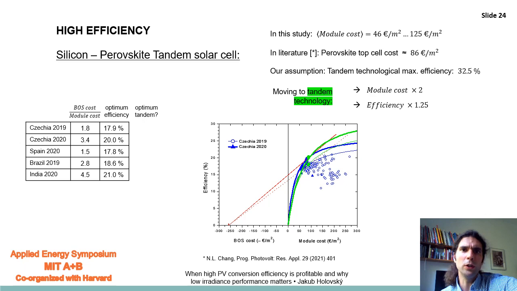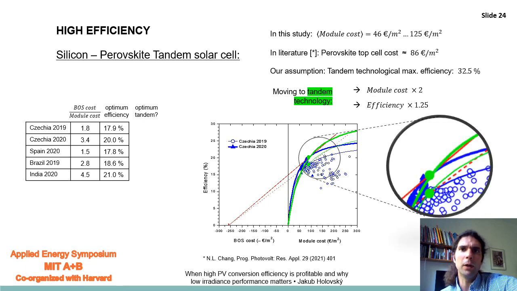By doing so, we get green lines, and by looking closer, we see that green lines exceed the current best case expressed by red line, so that moving for tandem will be profitable.